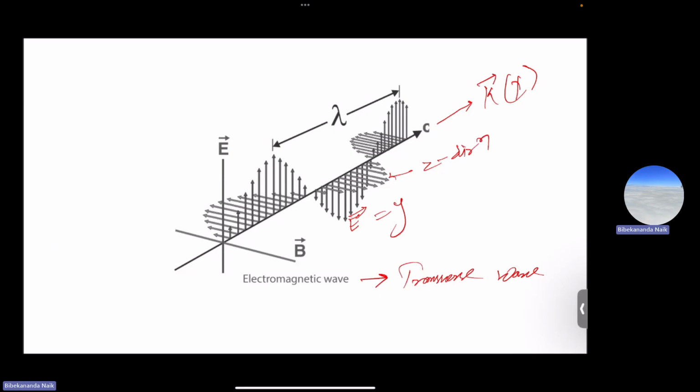So the wave propagates along a direction perpendicular to the directions of variation of both quantities. The wave propagates along x, whereas the quantities vary along y and z. So this is called a transverse wave.